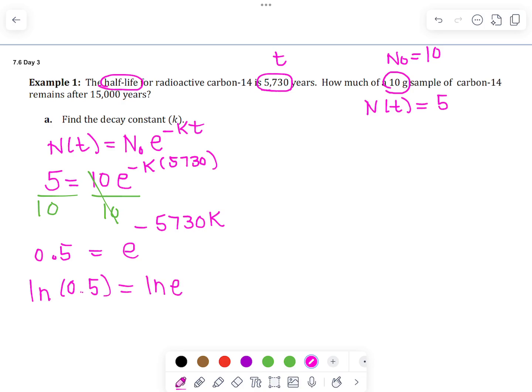We take the natural log because our exponential is base e, and natural log and base e are inverses of each other.